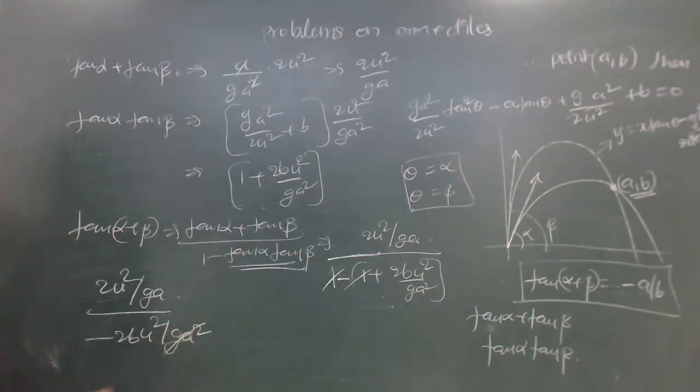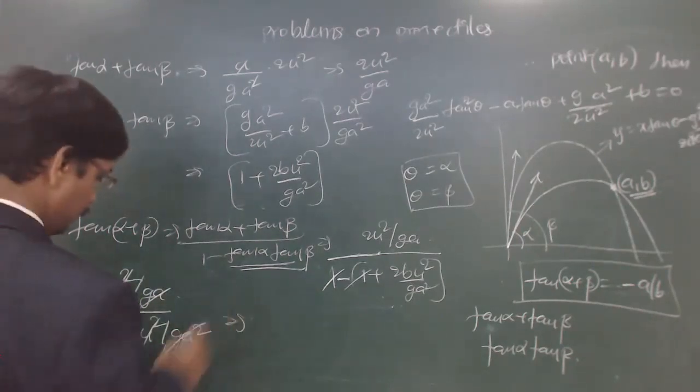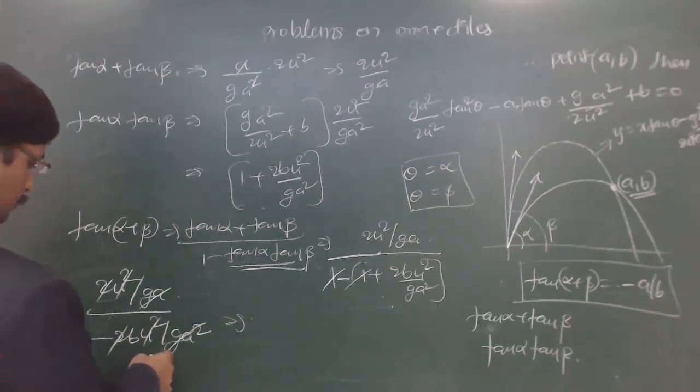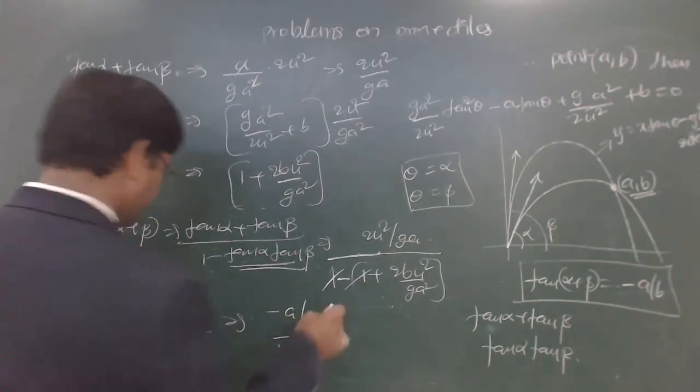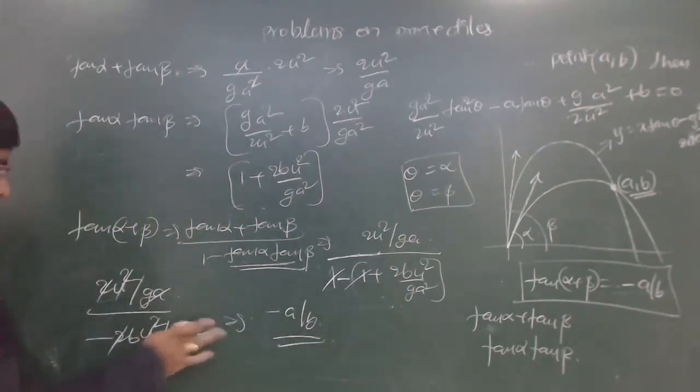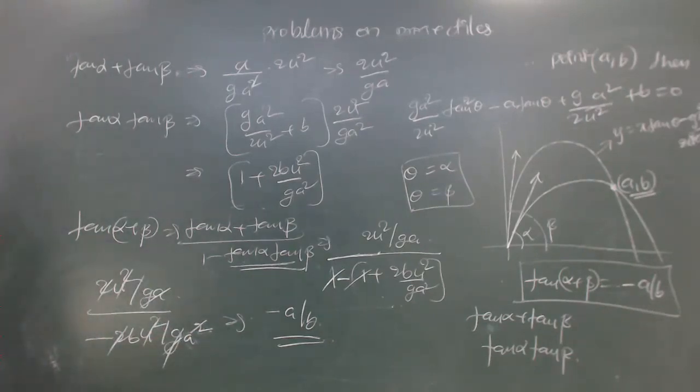So this g a square and this ga will cancel out, and u square will cancel out, and so minus a by b is left out. Yeah, that's all. Got it?